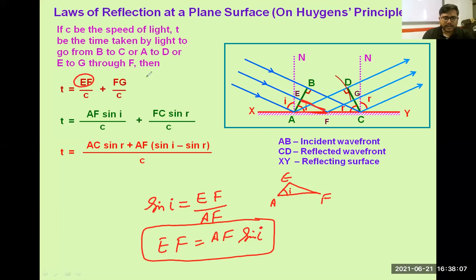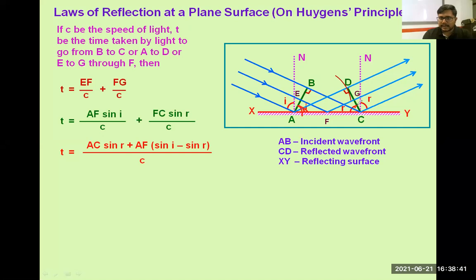Again, the same we will do for FG also. In place of FG, we will write FC sine R divided by C. So taking C common, this we can write AF plus FC, and this AF plus FC will be equal to AC sine R, because in this triangle you see this angle is I, this angle is R. So we can relate these two angles in terms of AF.